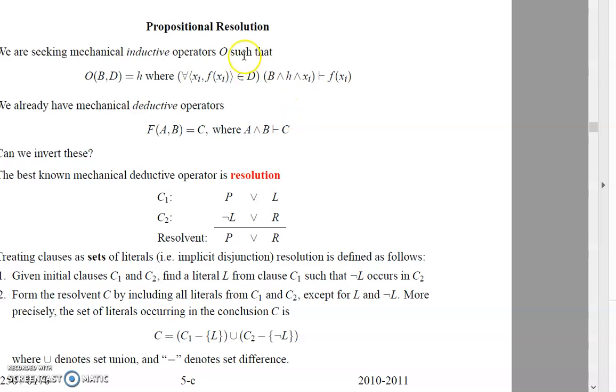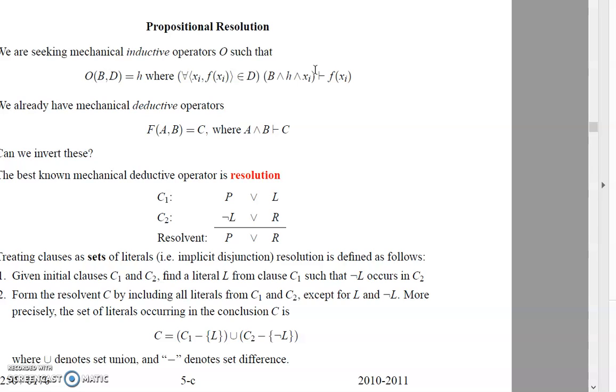Okay, so some resolution rules. First we will see some fundamentals of the resolution rules. Let us say this is an inductive operator of B comma D which gives H. I can say f of xi follows deductively from having all the xi and f of xi from the set of instances with the background information, the hypothesis and the particular example.